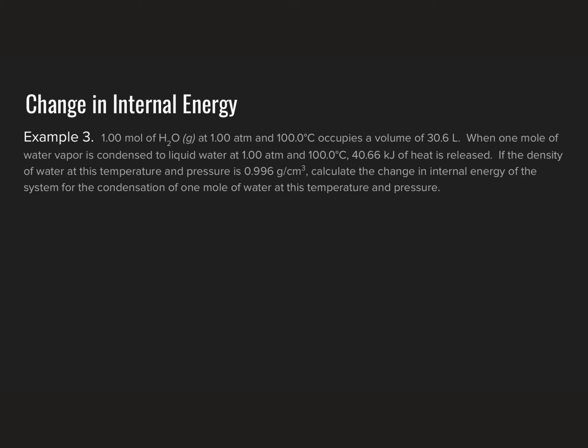If we have 1.00 mole of gas phase water vapor at a pressure of 1 atmosphere and a temperature of 100.0 degrees Celsius, the volume that it occupies is 30.6 liters. Now, when 1 mole of water vapor is condensed into liquid phase water at 1 atmosphere and 100 degrees Celsius, we see a release of 40.66 kilojoules of heat from the system into the surroundings.